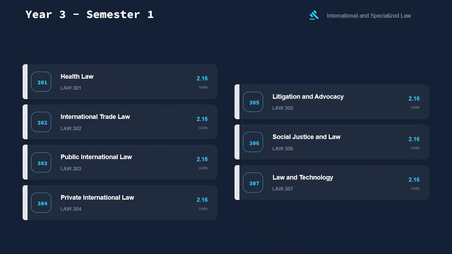Real-life example, autonomous vehicle accidents raise liability issues. Hiring algorithms face discrimination claims. Explainability is required in some contexts. Practical application, lawyers advise on AI compliance. They handle liability claims. Students analyze liability models. They also study bias audits.